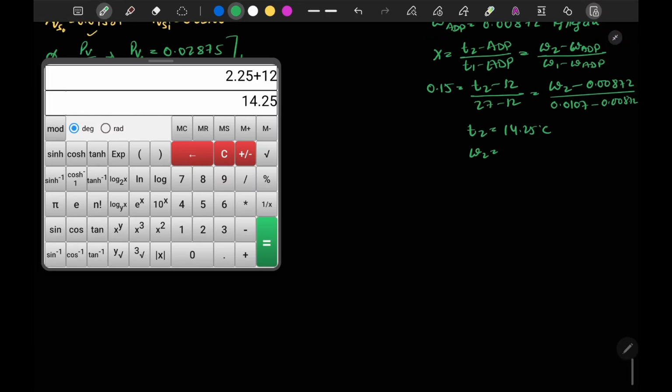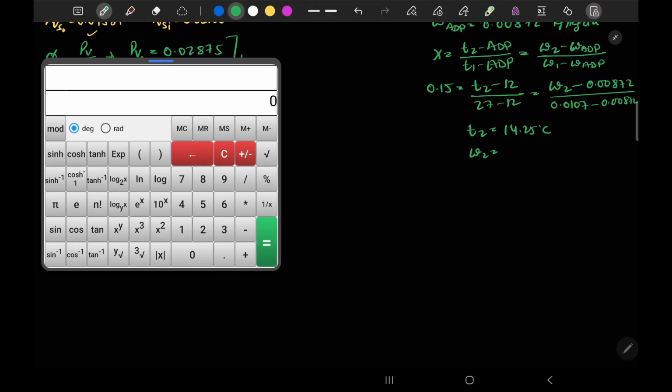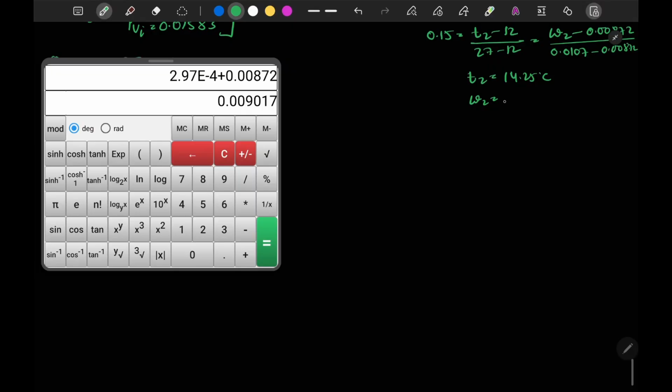Now to calculate omega 2, we can write 0.0107 minus 0.00872, into 0.15, plus 0.00872. So we have calculated omega 2 as 0.009017 kg per kg of dry air.